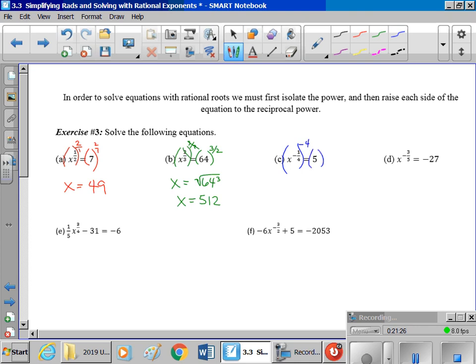So x is equal to 5 raised to the negative 4, which is going to be a fraction, 1 over 625. Or you could represent it as a decimal, which is 0.0016. Either of these would be acceptable.